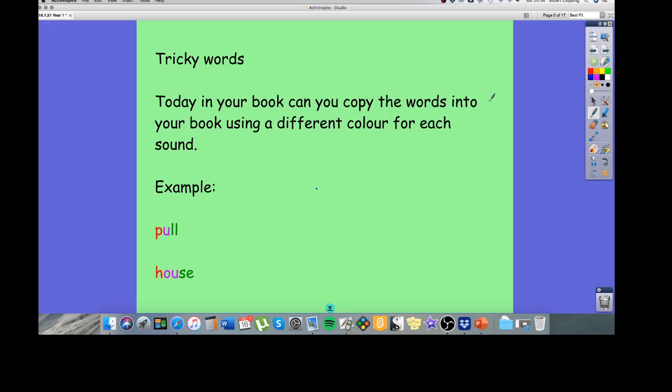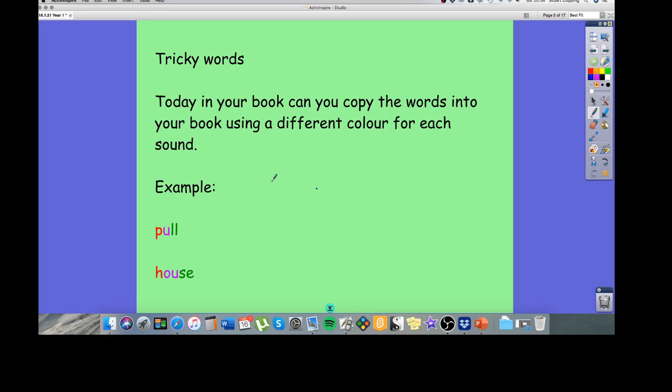And then you're going to write our 5 tricky words, but this time you're going to use a different colour pencil for each sound in the word. And I've done 2 here for you. So we've got p, ul, pull, and ow, house.